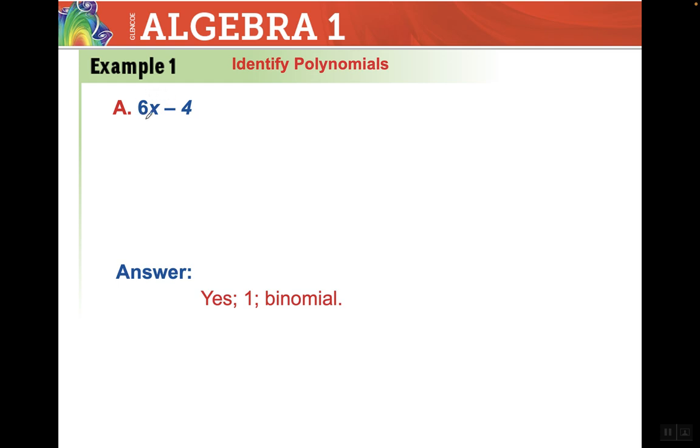And this term has a degree of 1, and this term has a degree of 0. So the highest is 1, so that's where they get the degree of 1, and it's a binomial. Here's one that we have 3 terms, so it is a polynomial, and it's a trinomial. The degree of this term is 2. The degree of this term is also 2, and this is, of course, 0. So 2 is the highest, so that's why 2 is your degree.